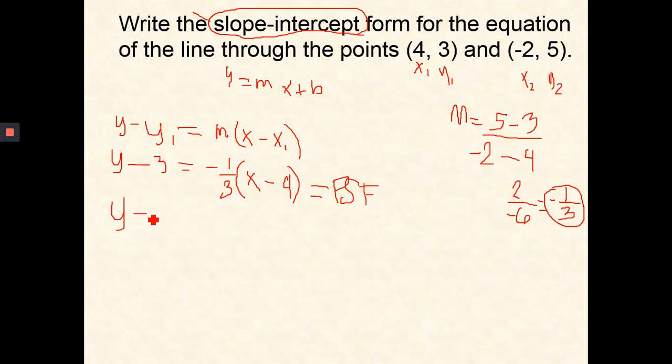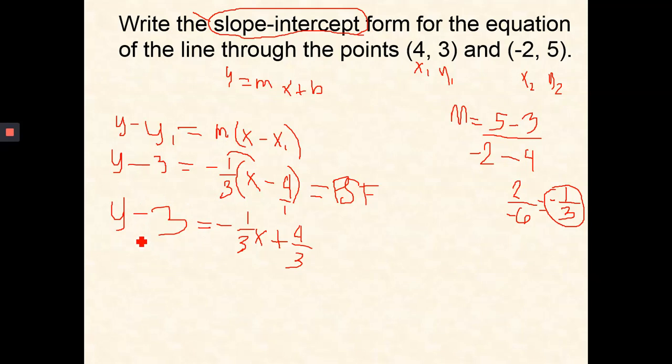So y minus 3 equals negative, you're going to apply the distributive property, negative 1/3 x. Then negative times negative, that will be positive. 1 times 4, that is 4, all over the denominator of 4 is 1, so 3 times 1, that is 3.